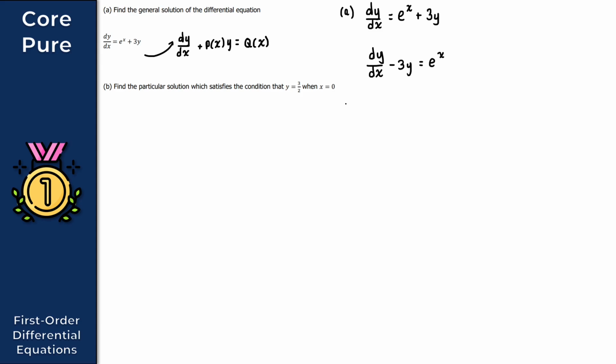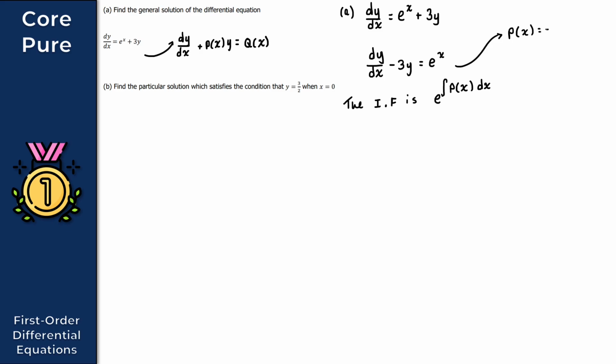So we can now use the integrating factor method. To begin with, let's find the integrating factor itself, which I'm going to abbreviate to I.F. It is e to the power of the integral of p of x with respect to x. Just in case you can't spot what p of x is, p of x is simply minus 3.